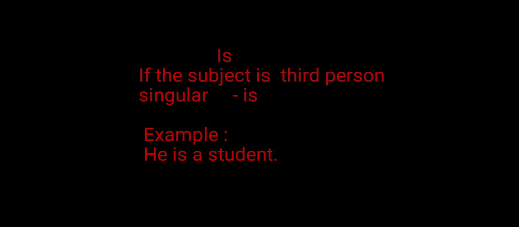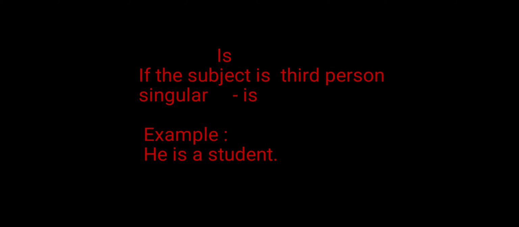Next we have is. If the subject is third person singular, then we use is. Third person singular means, for example, I is first person, you is second person, and he is third person.